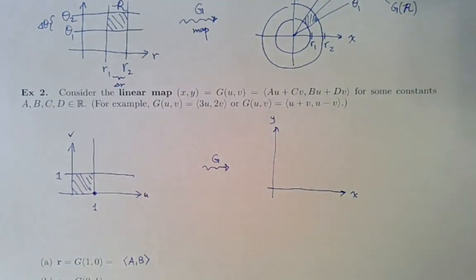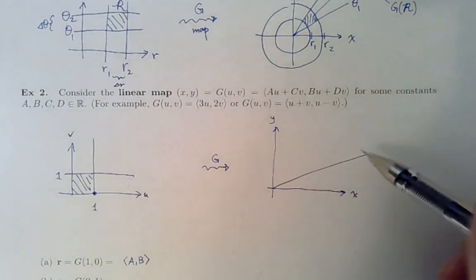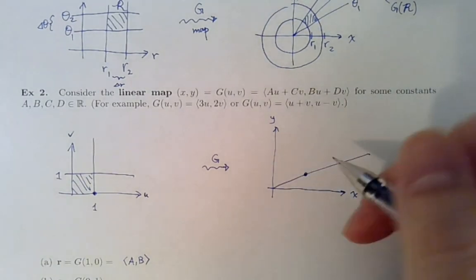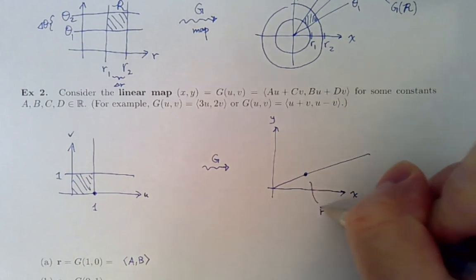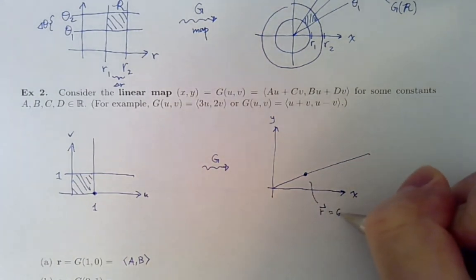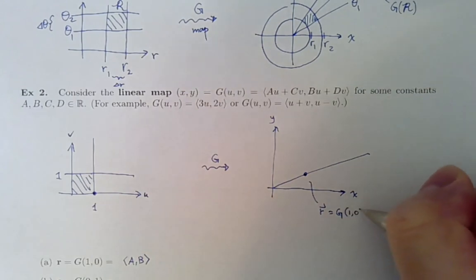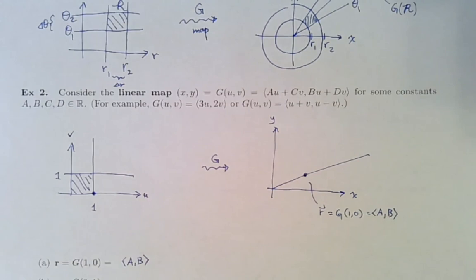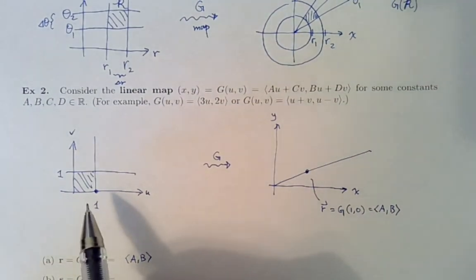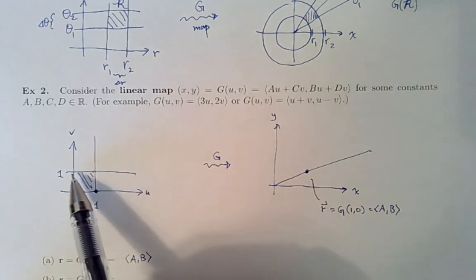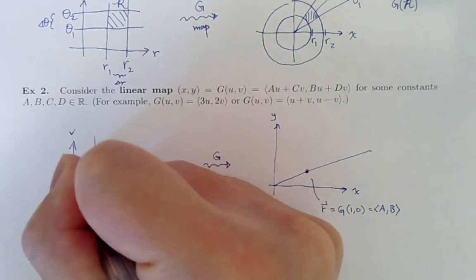Let me draw a line here and say that this is a. This point is r equals g of 1, 0, which is a, b. Oh, that's that point. And how about this point? 0, 1.